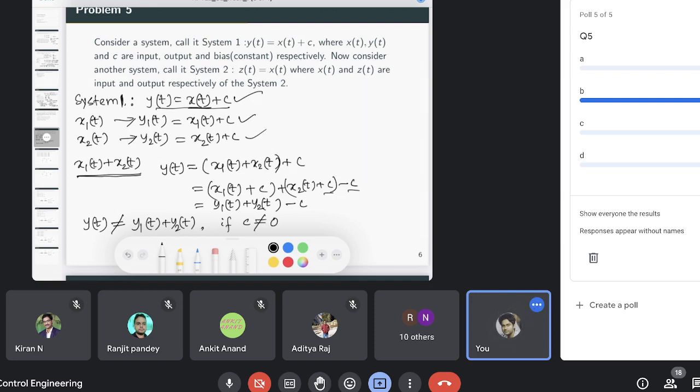So you see that this superposition property does not hold. If any one property does not hold, then the system will not be linear. But anyway, we will check the second condition also. This is the homogeneity condition.